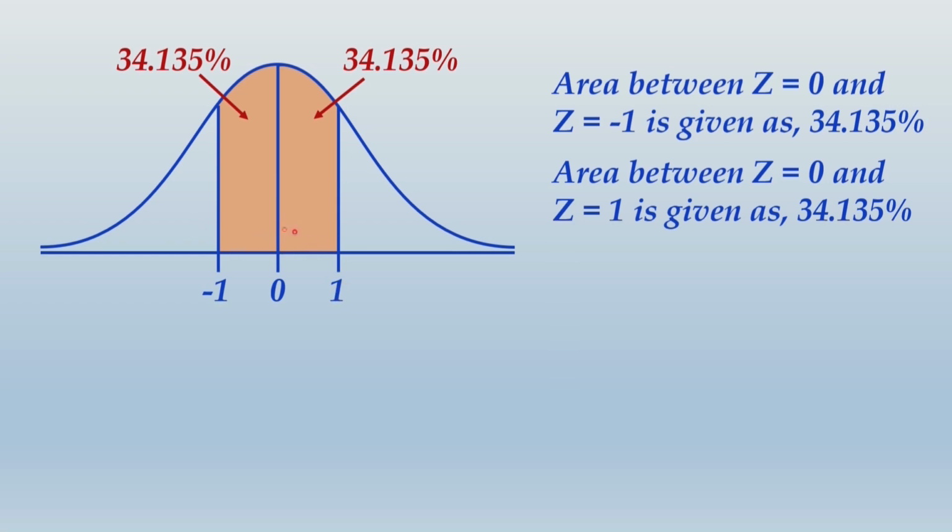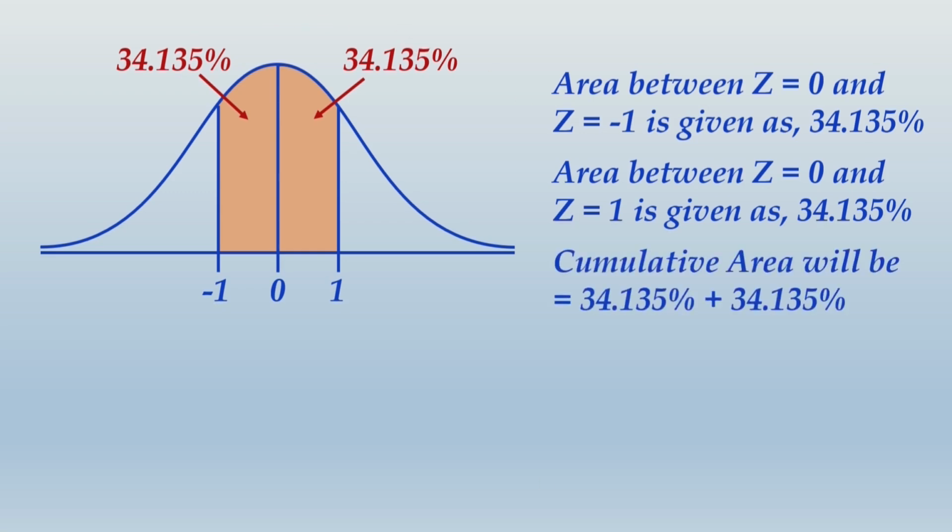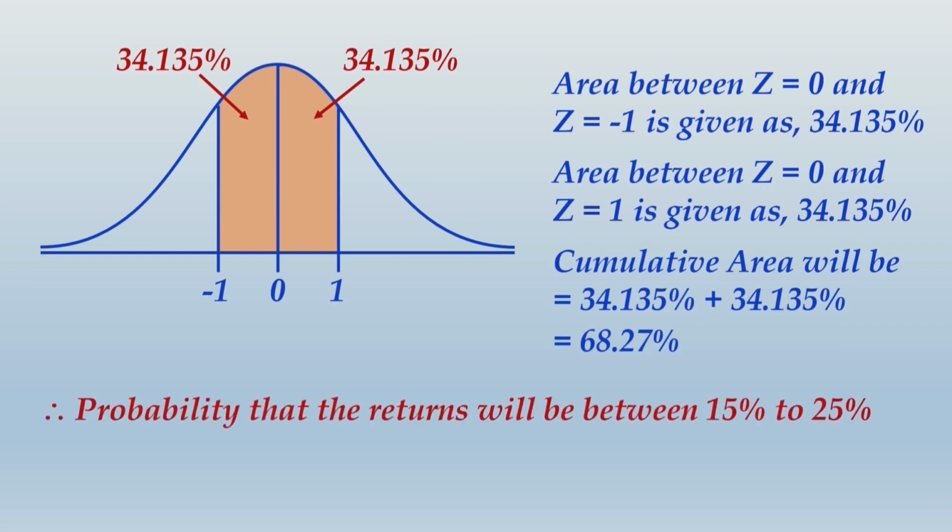So the probability of returns being between 15% and 25% will be this entire shaded region, which is aggregate of both of these percentages, and the cumulative area therefore comes to 68.27%. So final conclusion, that the probability of returns being between 15% to 25% will be 68.27%. So please write up this whole thing. That will be end of this solution as well as end of this particular session.